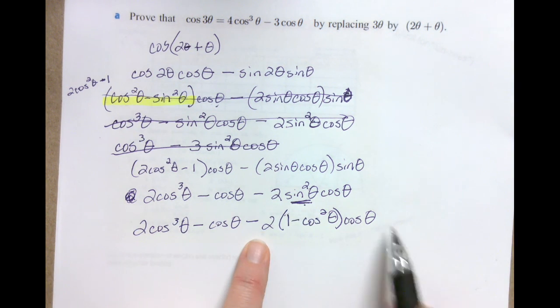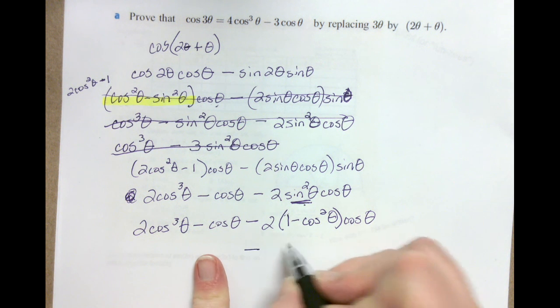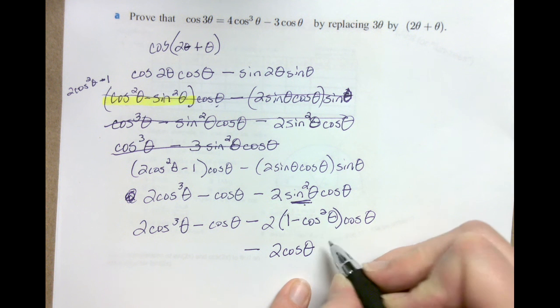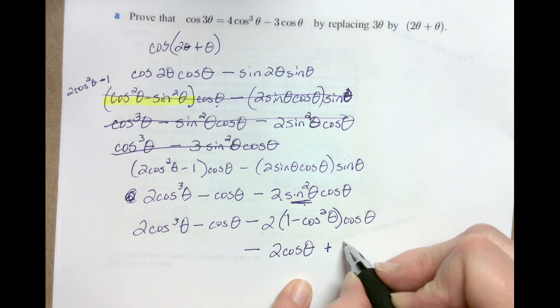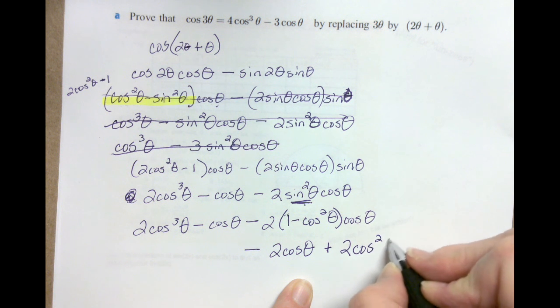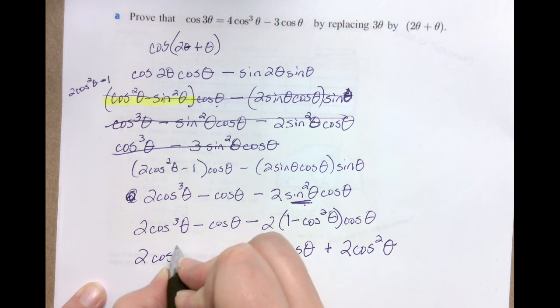This would be minus 2 cosine theta plus 2 cosine squared theta, and check this out.